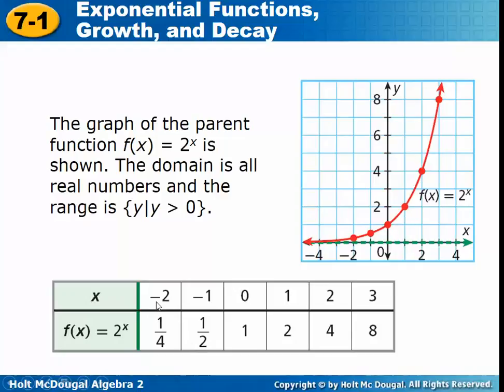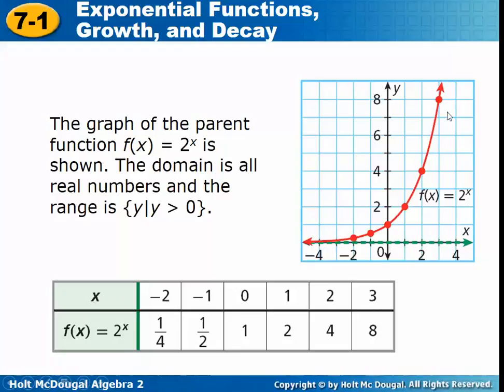If you take 2 to the negative 2, that would be the same as 1 over 4. If you took 2 to the negative 1, you would get 1/2. 2 to the 0 is 1. Anything to the 0 power is 1. 2 to the 1 power, of course, is 2. 2 to the second power is 4. 2 to the third power is 8. And if you plotted those points, you would get this curve here.